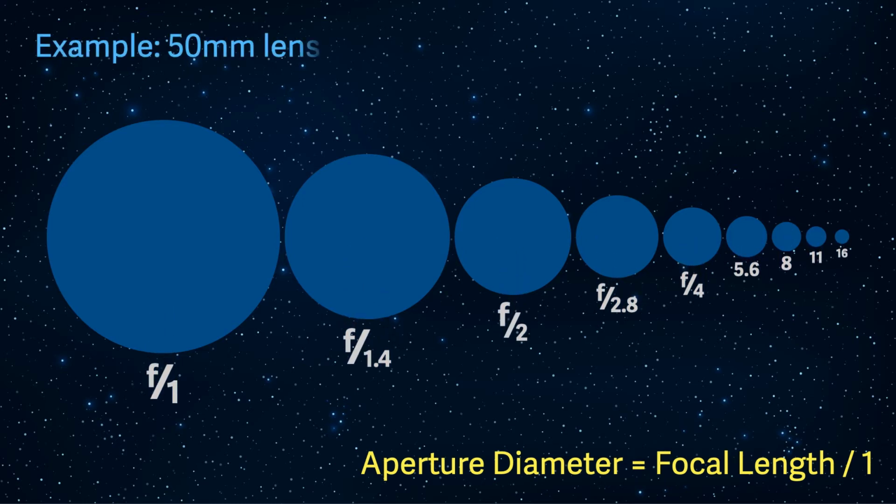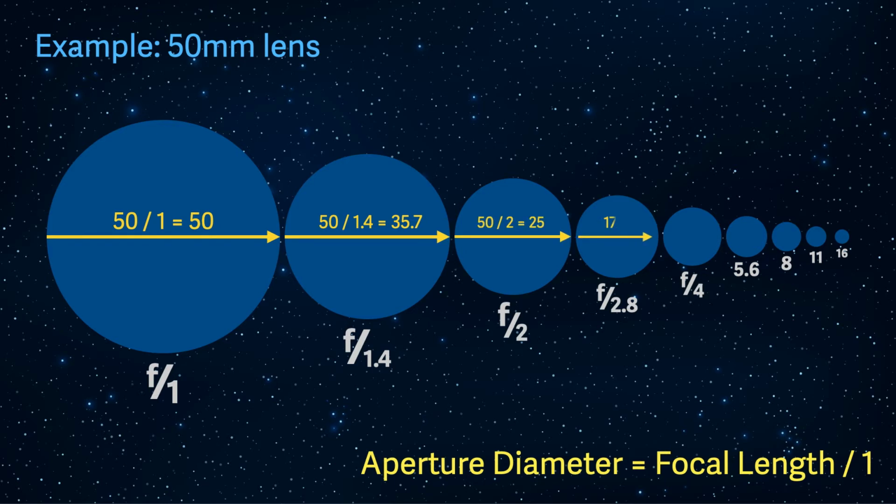If we take a 50mm lens as an example, this would mean that our apertures have the following diameters. So 50mm divided by 1 equals 50mm. 50mm divided by 1.4 equals 35.7mm. 50mm divided by 2 equals 25mm, etc.